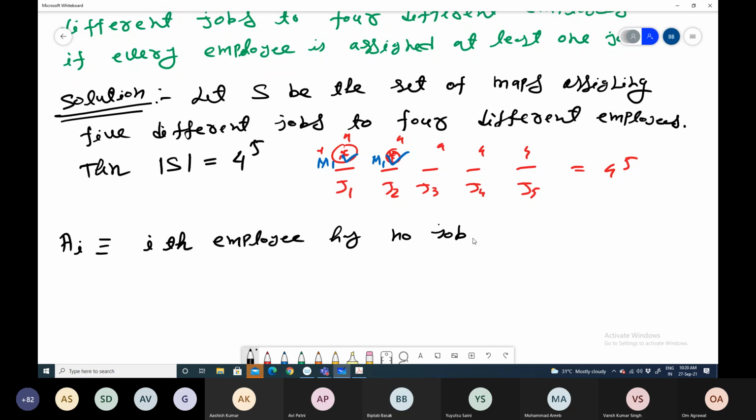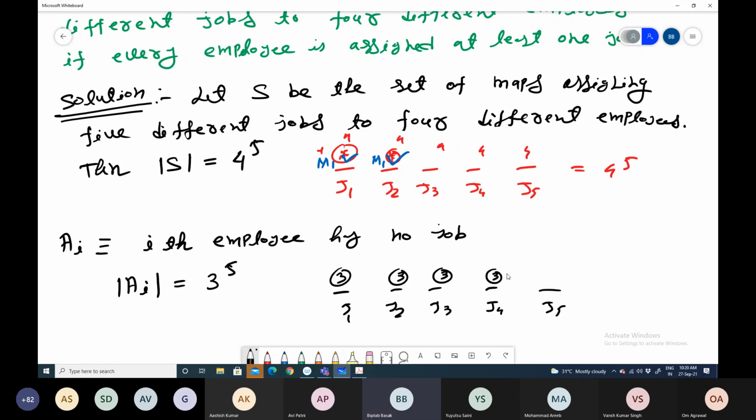So what will be the cardinality of A_i? Now you can say that you have 3 employees, because one employee will not have any job, and you have 5 jobs. Similarly, it is 3 to the power 5 options: J1, J2, J3, J4, J5, and each will have 3 choices only, because one employee has no job.